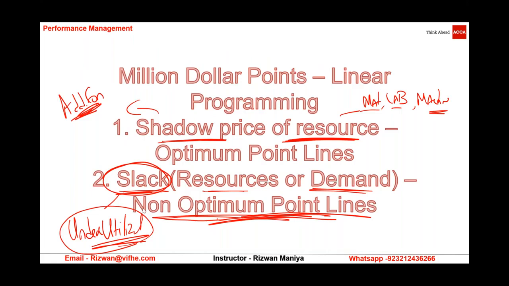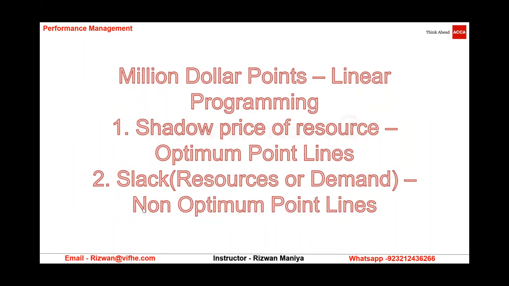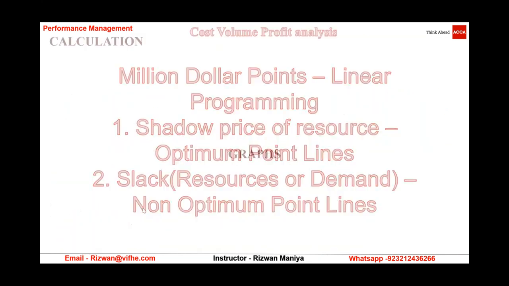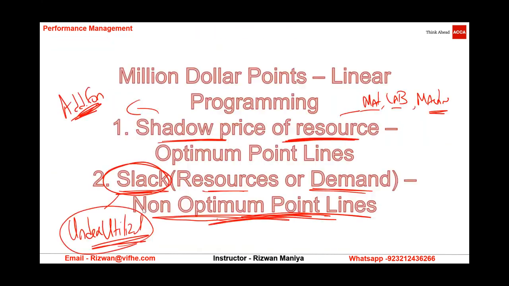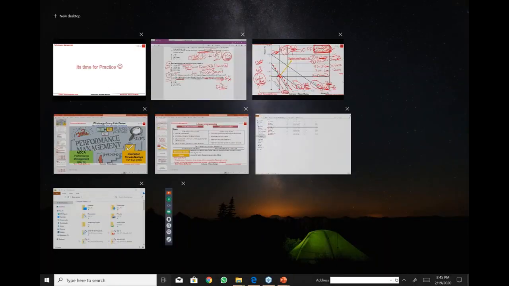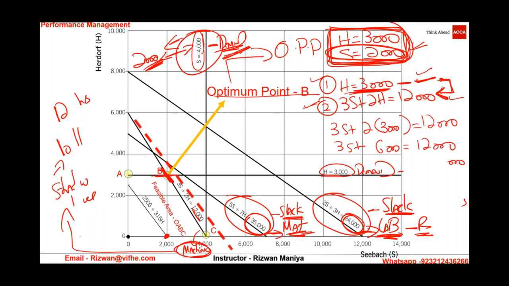By looking at the graph, you can easily figure out when to work out shadow price for a resource and where there is slack. You just have to look at the graphs and you will be able to figure out whether there is slack or not. This is the graph, guys, and you can just look at it and find out. I hope this is clear to all of you.